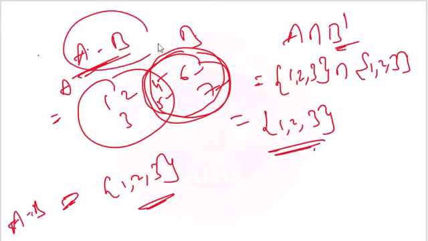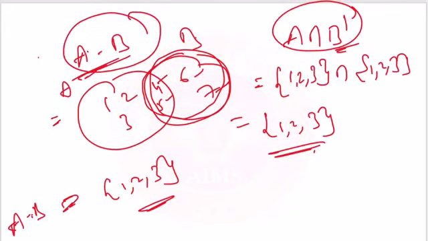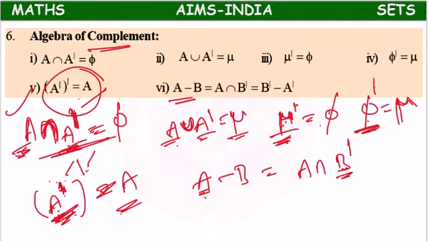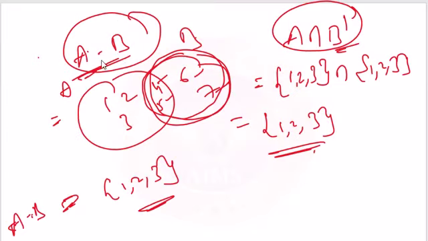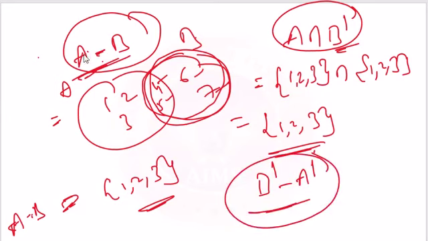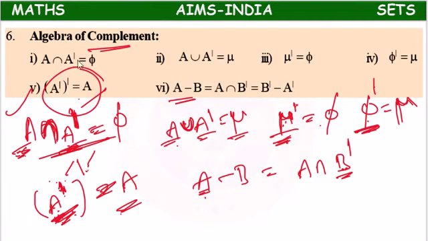So that's why A minus B equals A intersection B dash. Or in reverse we can write A minus B equals B dash minus A dash. We exchange them and write their complements. So these are some algebra of complement laws.